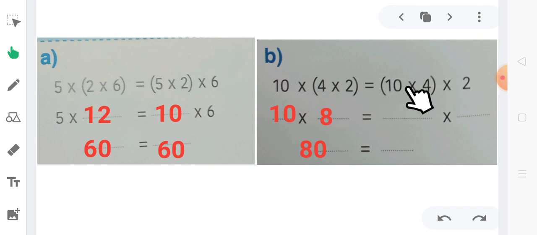In the second method, what's inside the parentheses? It's 40. And what's outside the parentheses? It's 2. Leave it alone. Again, 40 times 2, 0 on the right, and 4 times 2 equals 8. So again, it's 80. Do I have the same answer? Yes, I have. However, we changed the place of the parentheses.